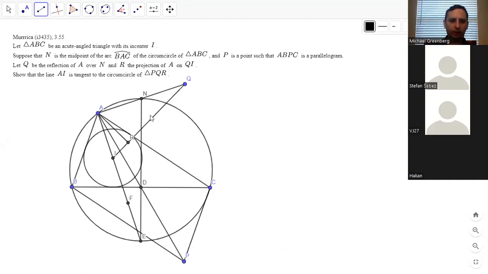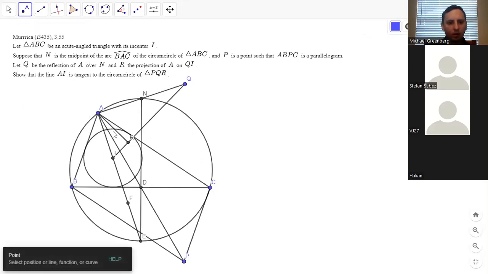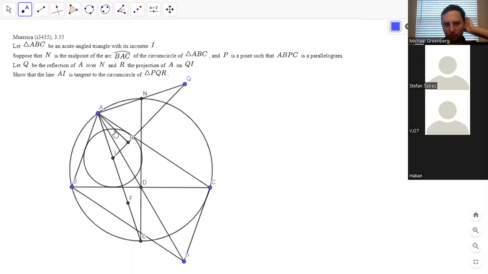Okay, so really it suffices to show that NID is tangent to AI. And that's probably just an angle chase because we know A and I is IDB. We need to prove also that that circle passes through the midpoint of AR. It is not just enough to prove that it is tangent. Okay.